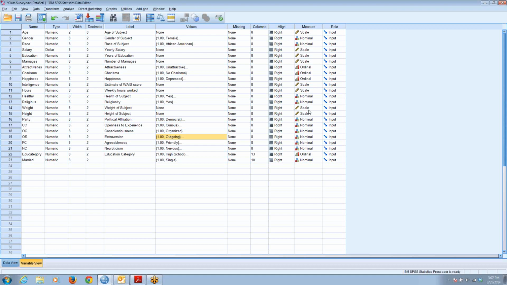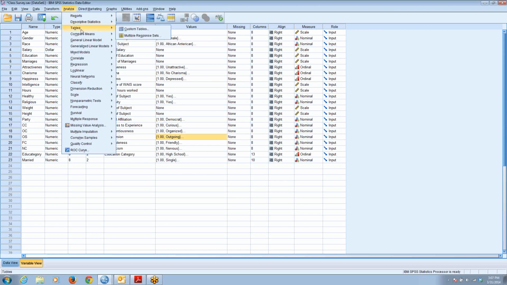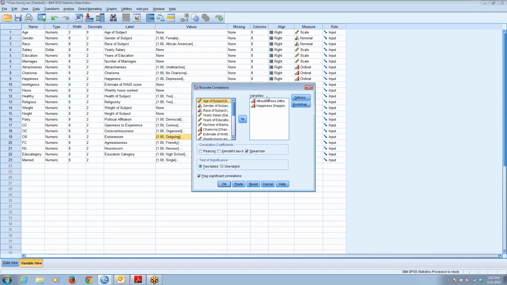Let's try for this first one, salary and years of education. So years of education is right there. Okay, so we'll go Analyze, Correlate, Bivariate, take these two out, and we said years of education and yearly salary. Unclick Spearman and click Pearson.